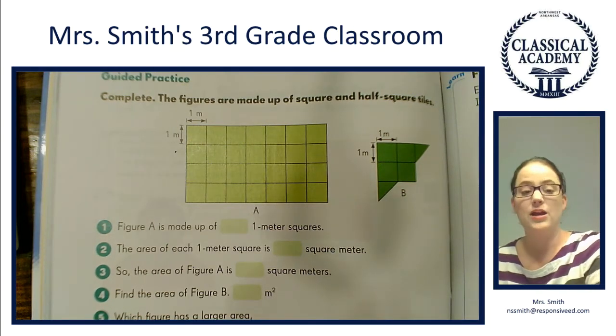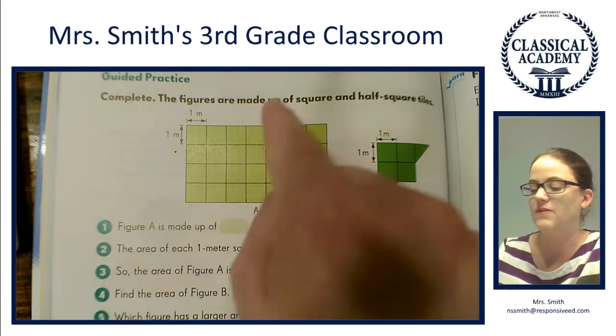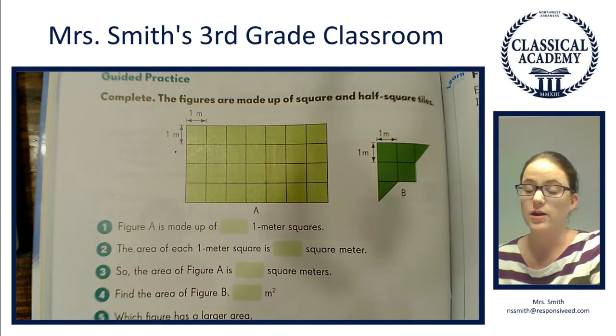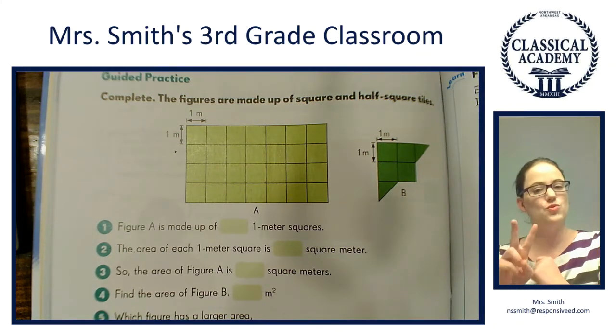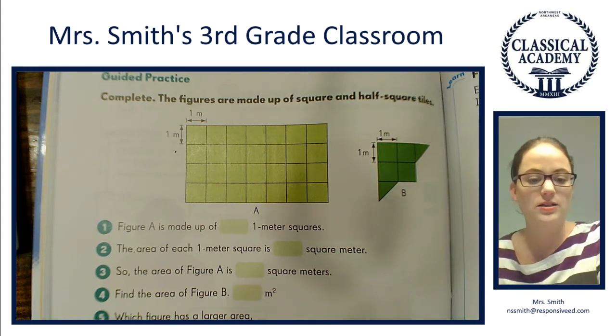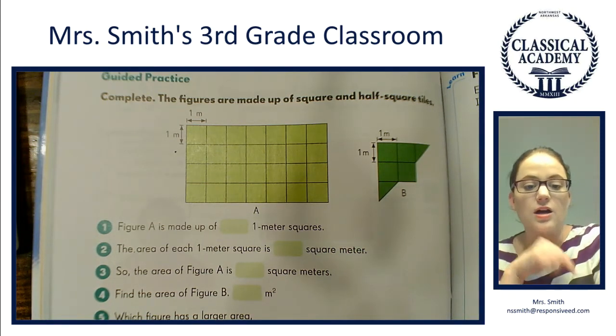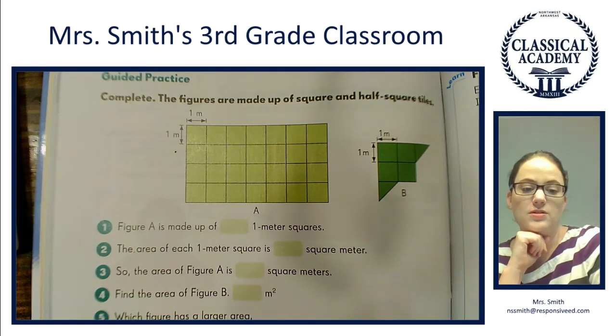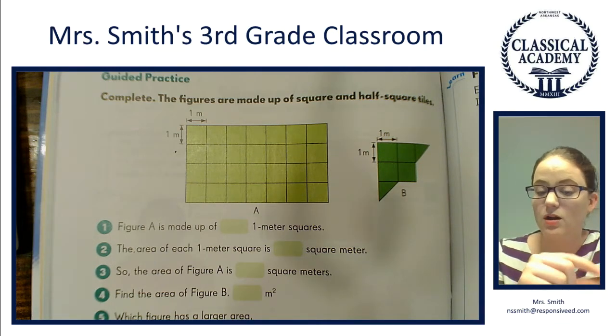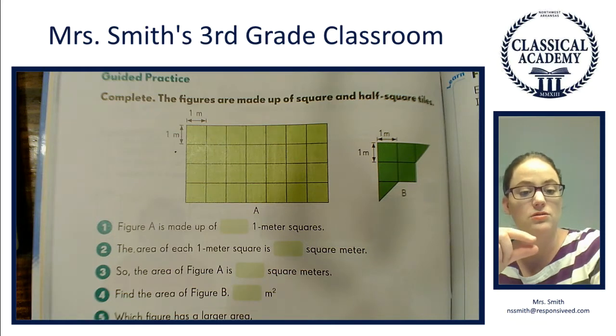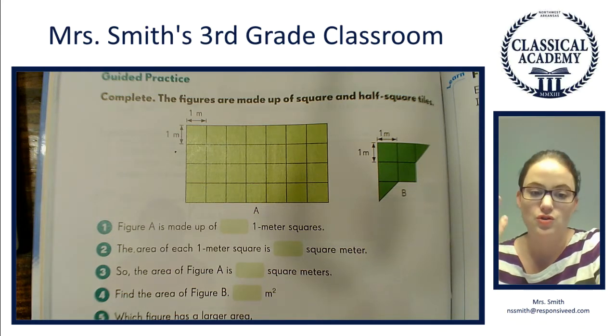So we find that area by multiplying 7 times 4. 7 times 4 is 28. So that's 28 1 meter squares. If the area of each 1 meter square is 1 square meter, then figure A is 28 square meters.